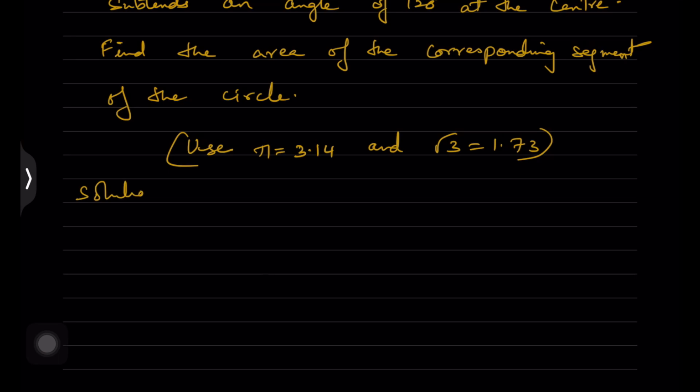Solution. So in this what is given? Radius is equal to 12 centimeters and theta, the angle, is equal to 120 degrees. So we first draw a circle.